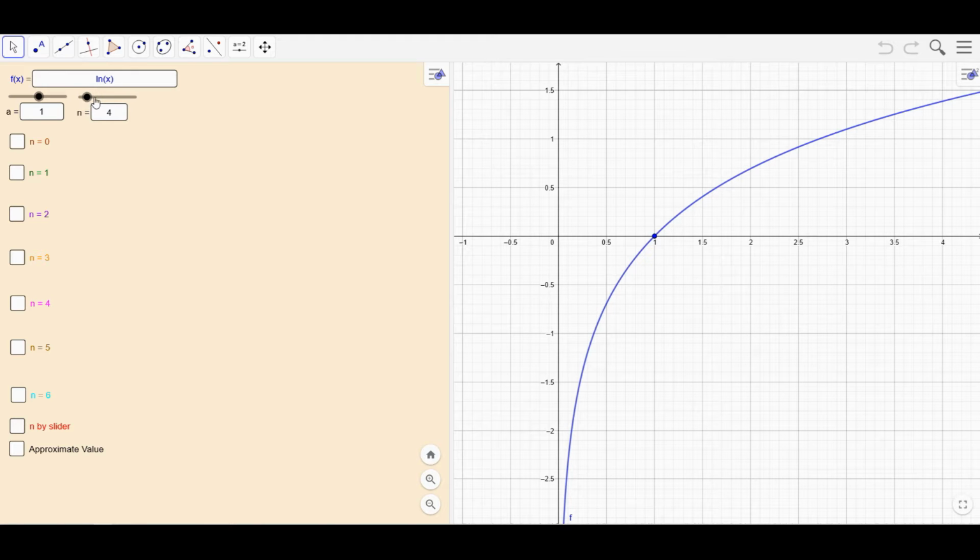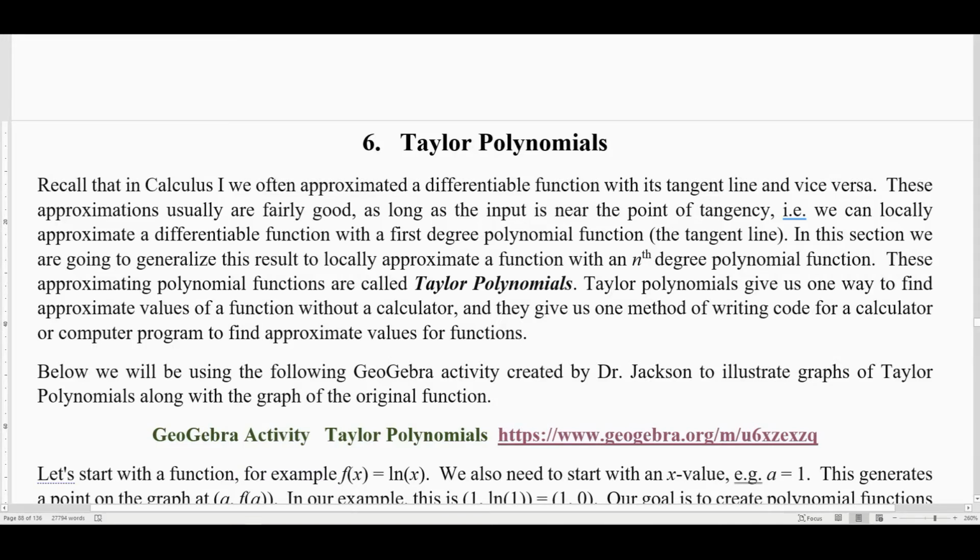You can change the degree of the polynomial in here. You can change the center point here, which you can see graph right there, by either the slider, or you can move this point here, or you can type in a number here. Okay, and we'll come back to this as we go through here.